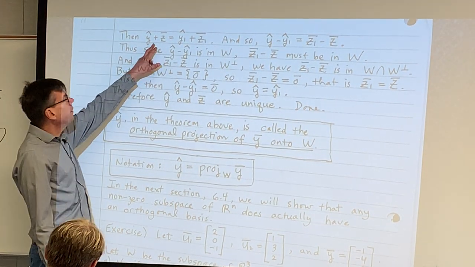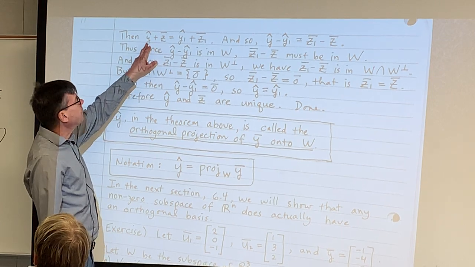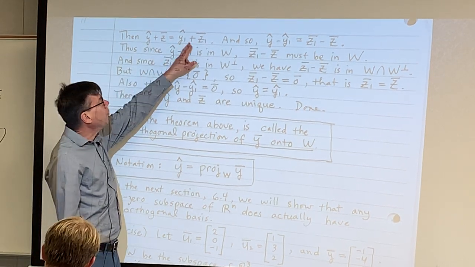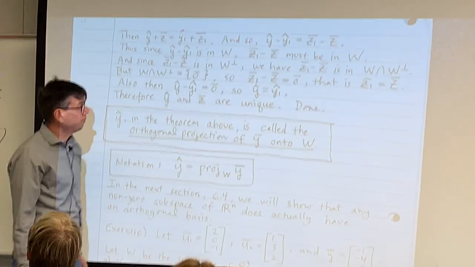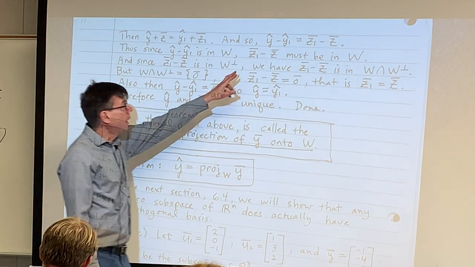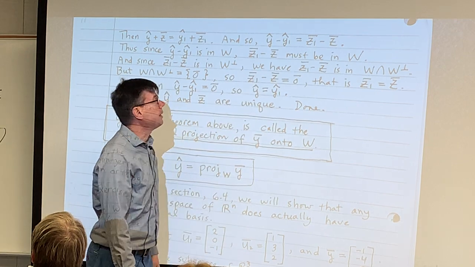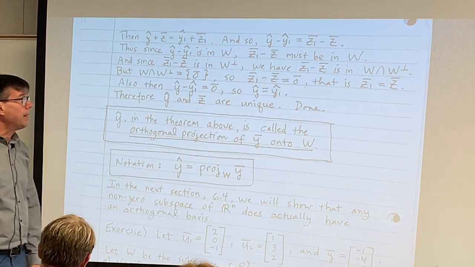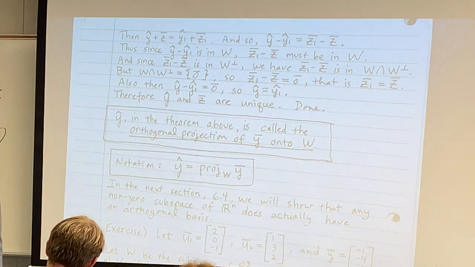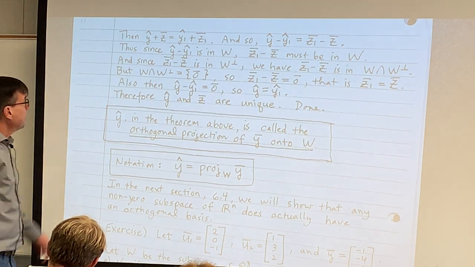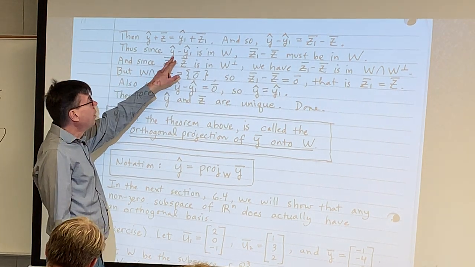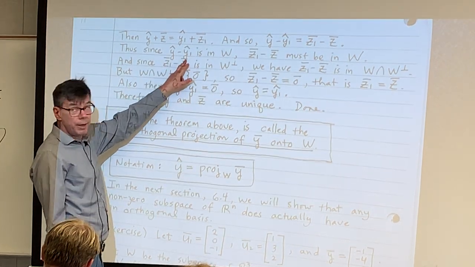Then these are both equal to y. Y is equal to y hat plus z, y1 hat plus z1. And so I can subtract, juggle things around, and write that as y hat minus y1 hat equals z1 bar minus z bar. And now y hat minus y1 hat is in w.